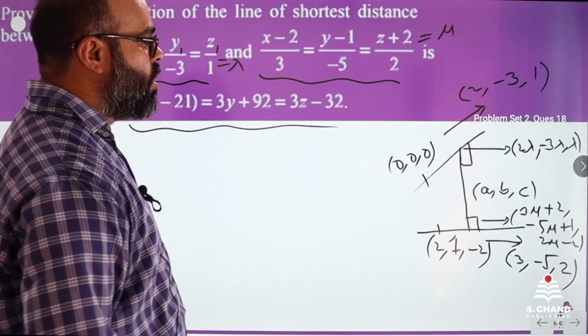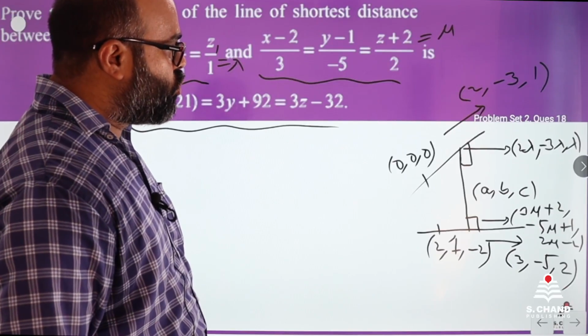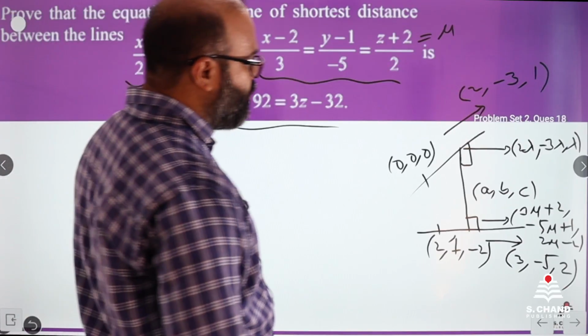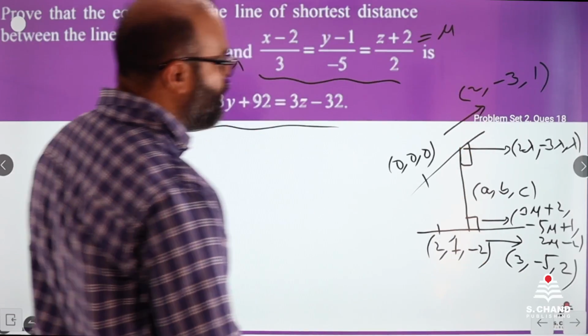Now we have these feet of the perpendicular, so can we find the direction ratio ABC?